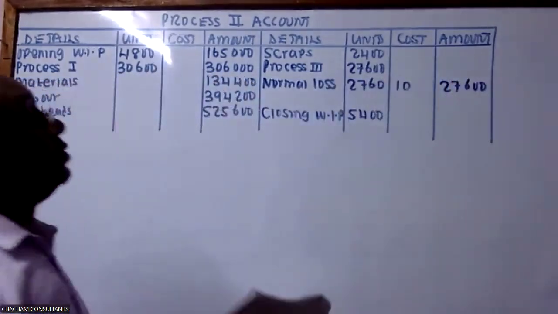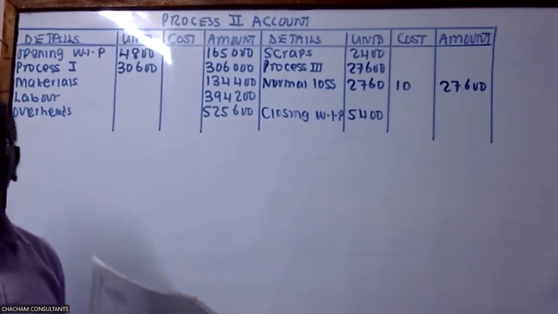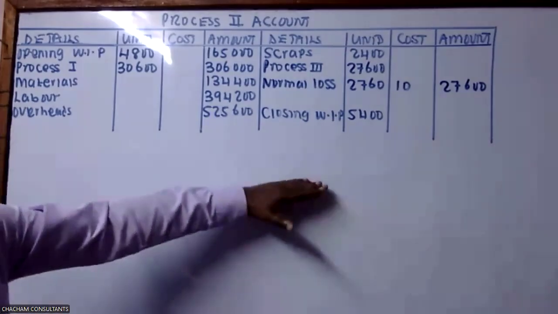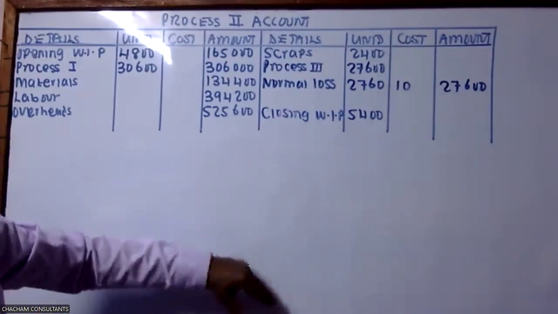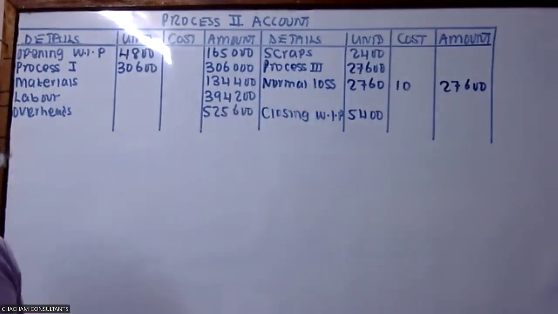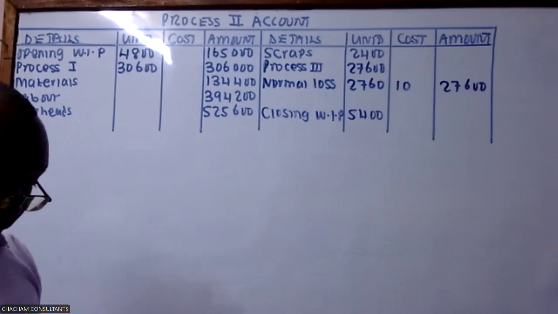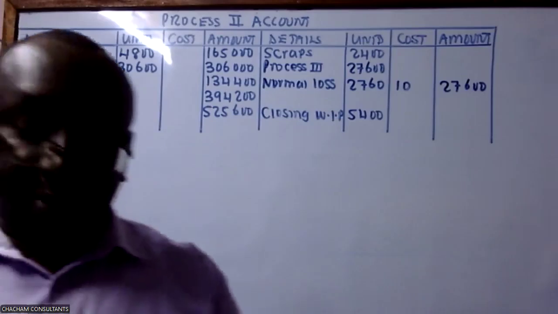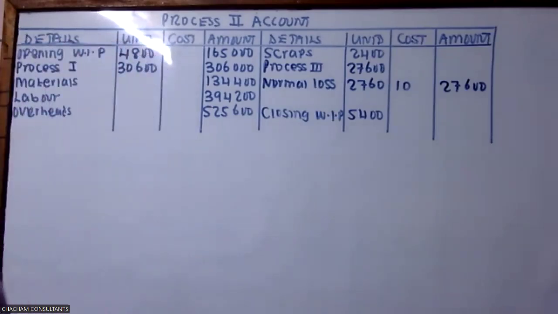Now the other scraps, those ones we don't show them. We don't give them anything there. They will be costed appropriately huku chini. So the normal loss tunaiwekea hiyo, part of scraps. So let's see whether their units are balancing. The units columns.